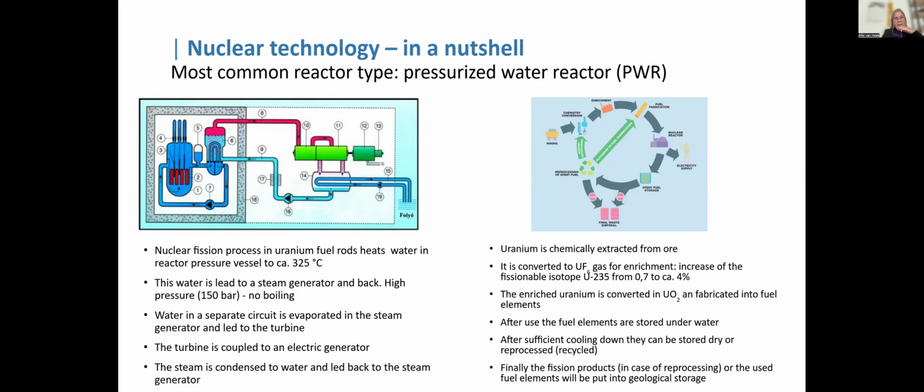And after the use, the fuel elements are stored in water, and after sufficient cooling down, which can take several years, they can be stored dry or reprocessed. It's another word for recycling. And finally, the fission products, in case of reprocessing, or the used fuel element as a whole, will be put into a geological storage and kept out of the biosphere. Next slide, please.